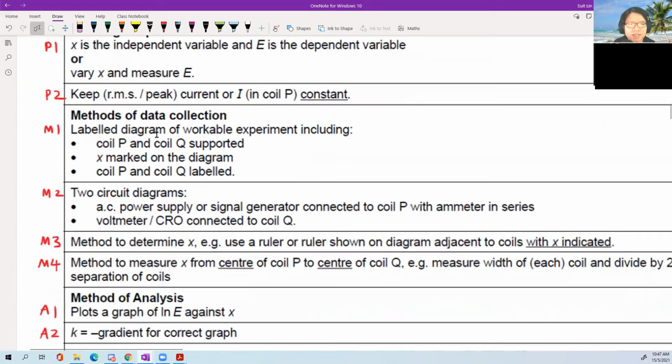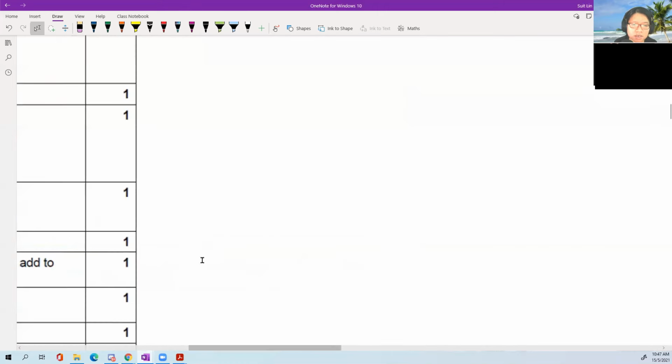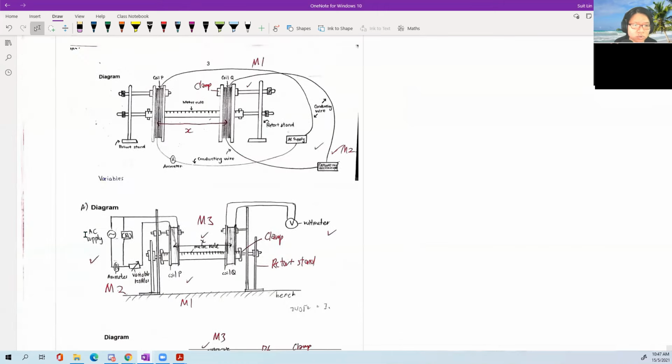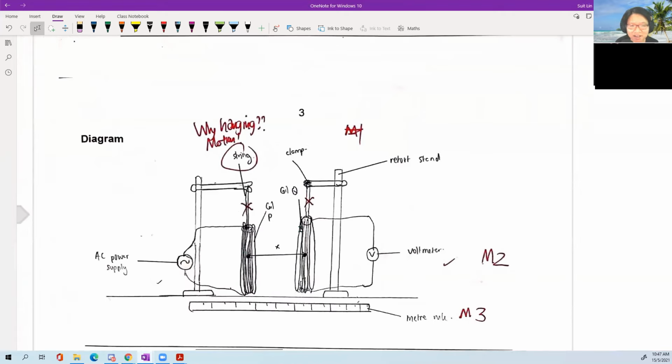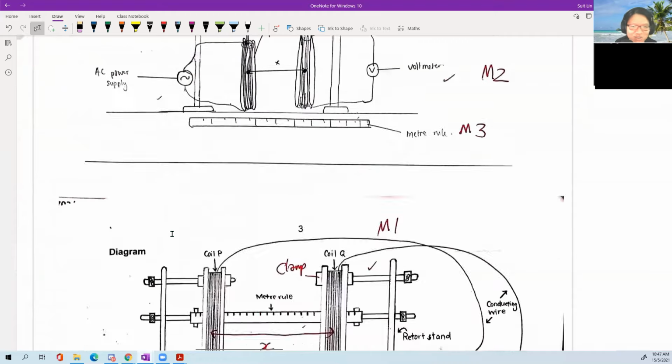So if you look at the labeled diagram, it should involve coil P and coil 2, and it has to be supported. Normally, this support is in the form of a retort stand. Okay, so support that generally is not accepted is, you know, where they tie a string and hang there, and then you sneeze, and then this thing is just going to, what is going on?